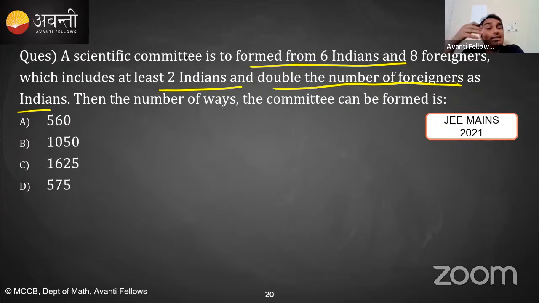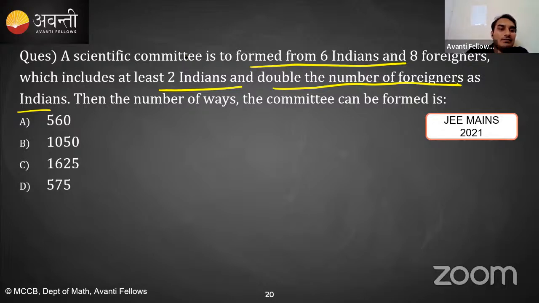क्वेश्चन काफी इजी है, इस टाइप के क्वेश्चन हमने किए हुए हैं. हाउ टू मेक अ कमिटी, ग्रुप्स, कमिटी हो गया, सिलेक्शन हो गया, these all are same thing, right? You just have to select the person such that at least 2 Indians होने चाहिए and foreigners person should be the double of Indian person, right? Let me know the answer quickly. What is the answer?